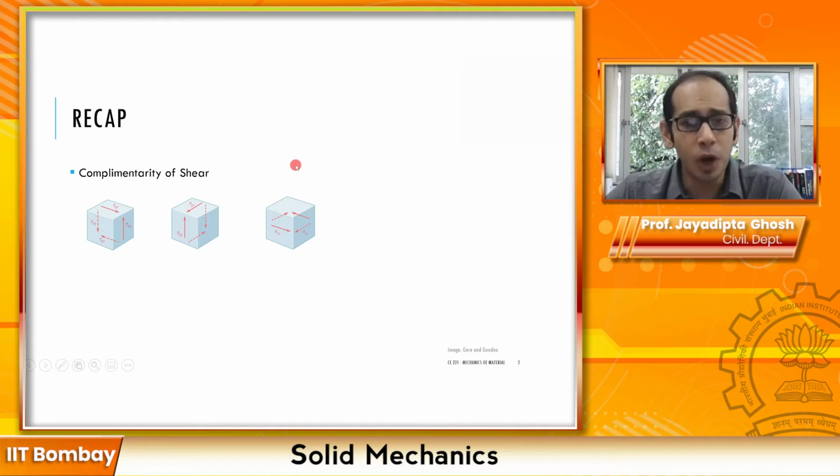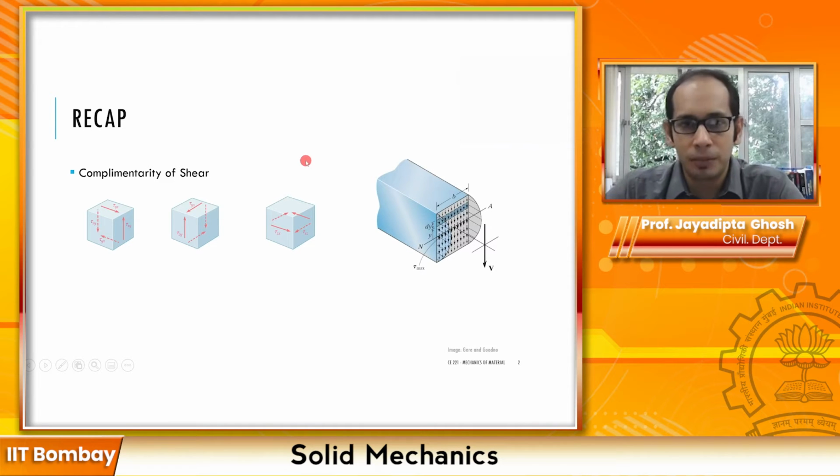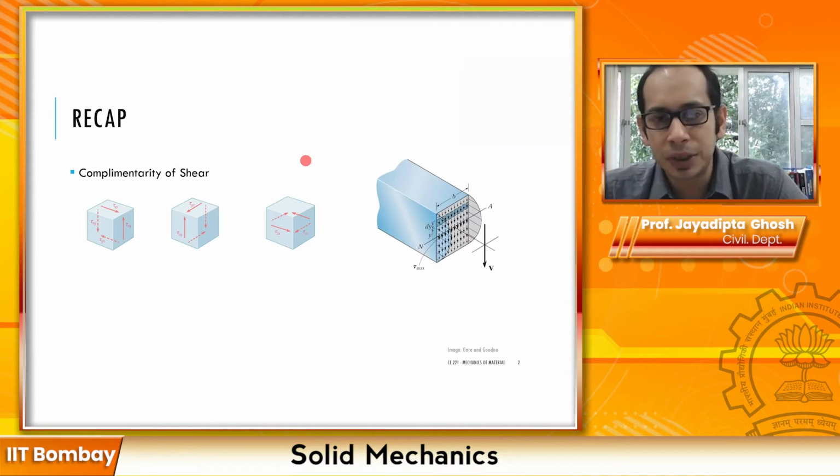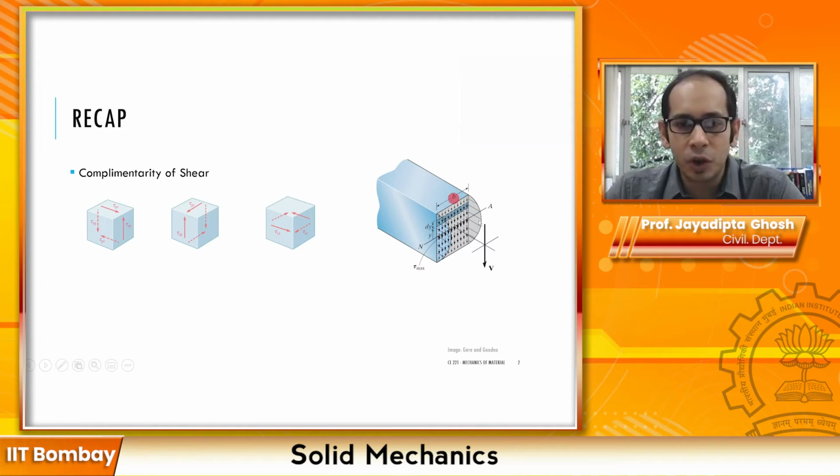One more important thing, somehow related to complementarity as well. If you remember, when we talked about rectangular beams, we saw that the shear stresses are zero or negligible at the top and at the bottom, whereas the maximum vertically downward shear stress happens at the center, at the neutral axis.